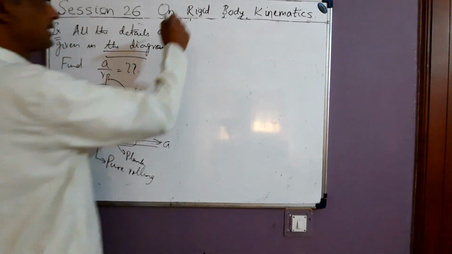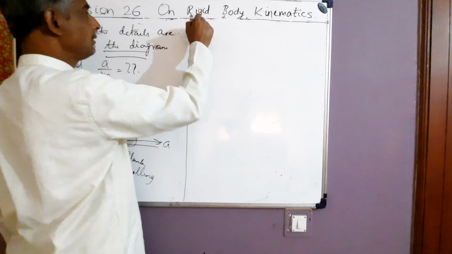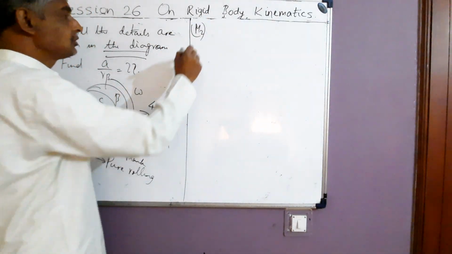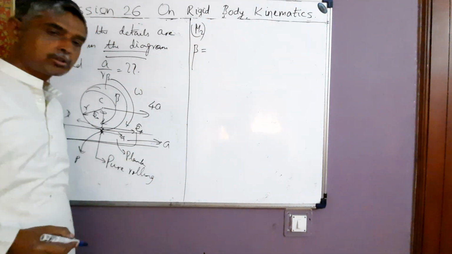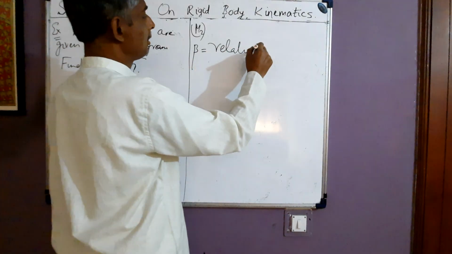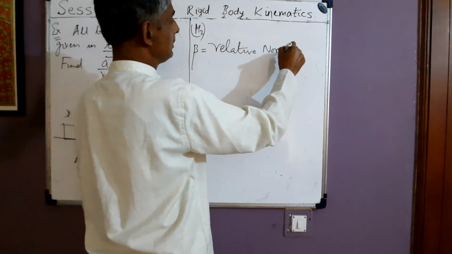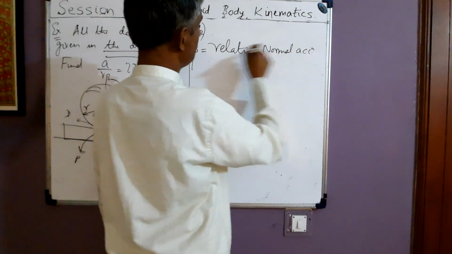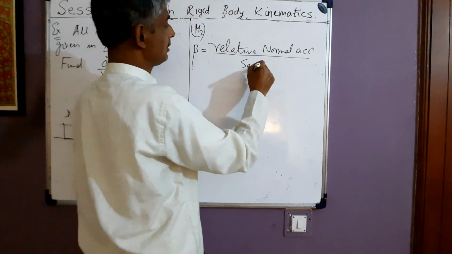So I'll solve this by method 2 also. Method 2: using the concept beta is equal to relative normal acceleration by separation.